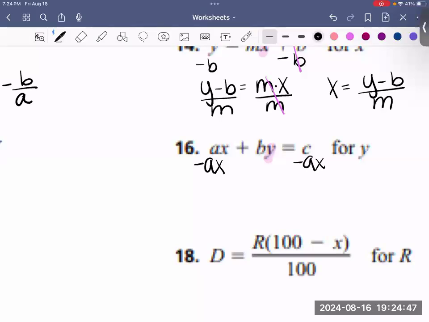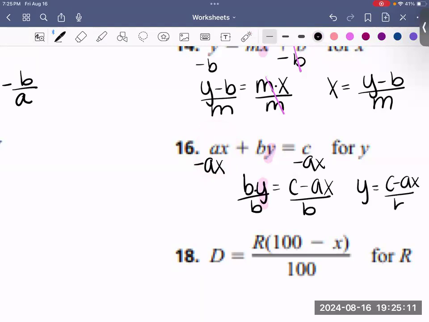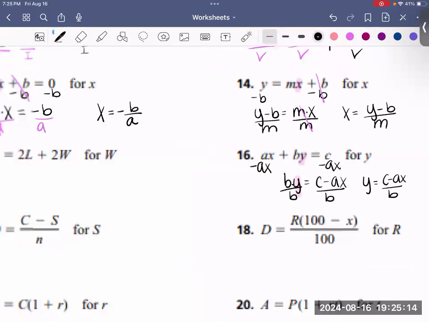The whole thing can come over because there's nothing in here of any interest, so those variables can go over. So we have C minus AX, and we're getting closer. Now B is being multiplied by Y, so we're going to divide that out. So Y is equal to C minus AX over B.